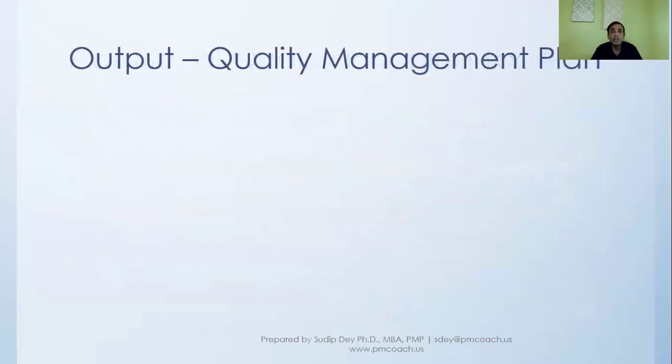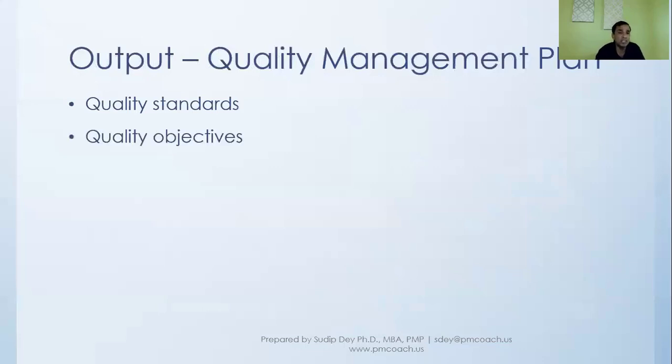Now, this plan quality management will have the quality management plan as the output. In this particular plan, what you will have is the quality standards, the processes that you will take to meet the quality standards.